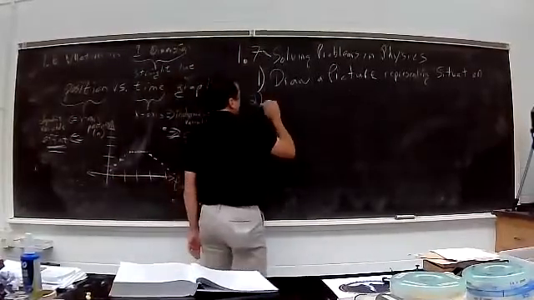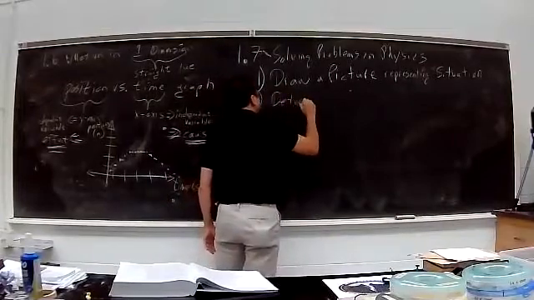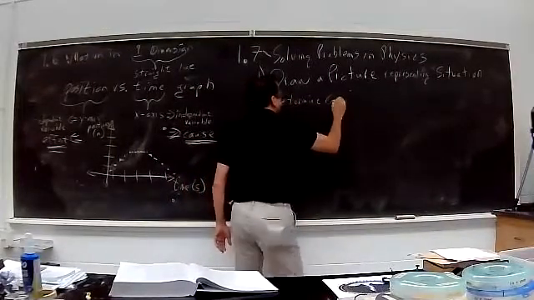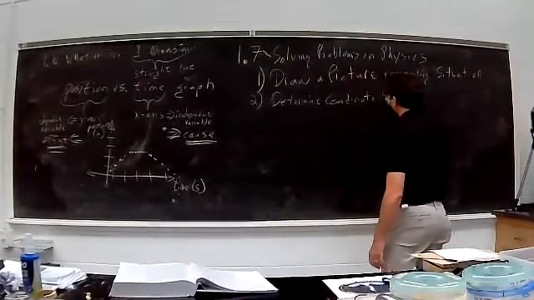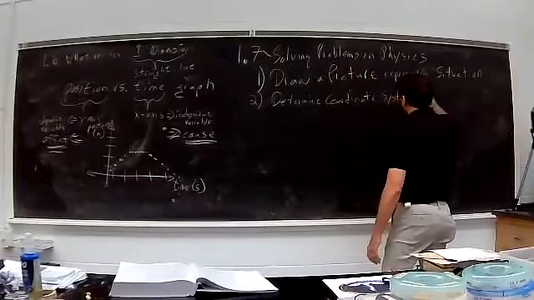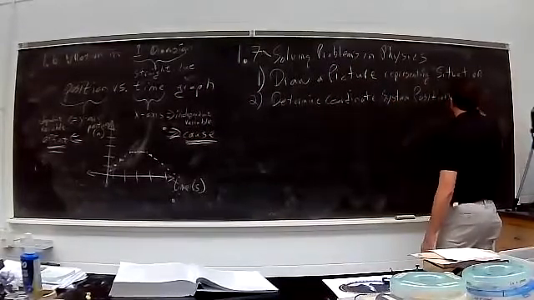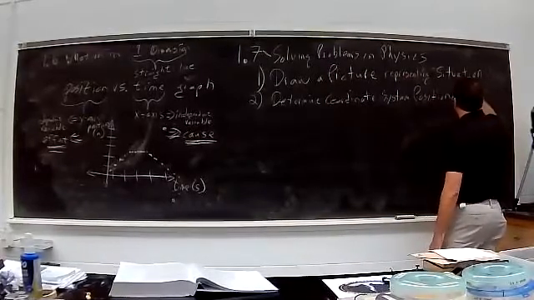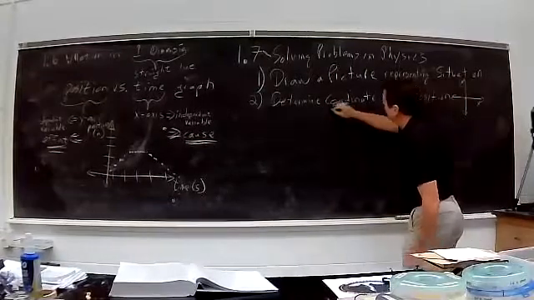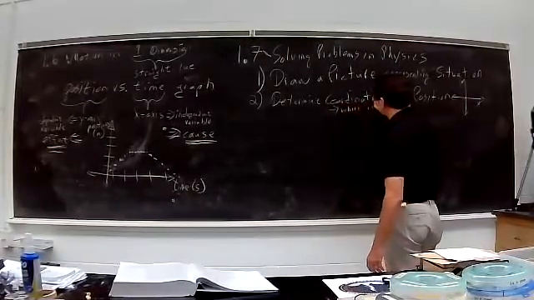Second thing, determine your coordinate system. Position. That's your X and your Y. Really, the thing here you got to know is where is 0?